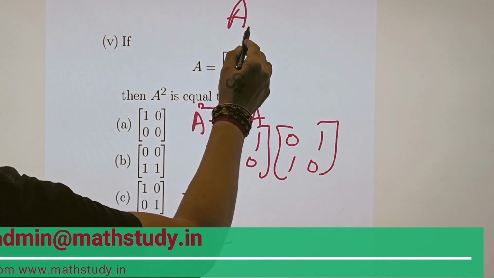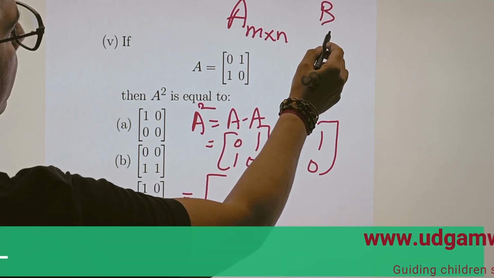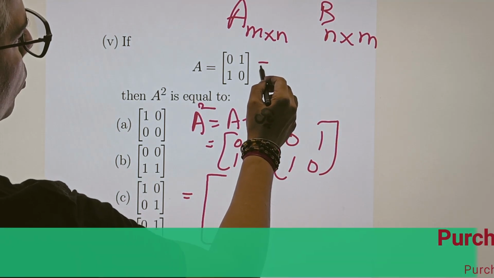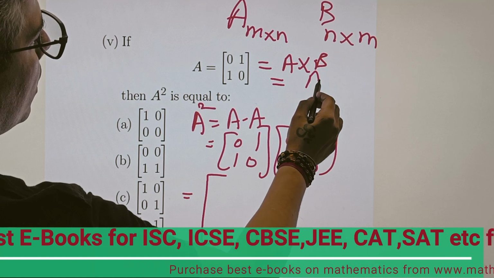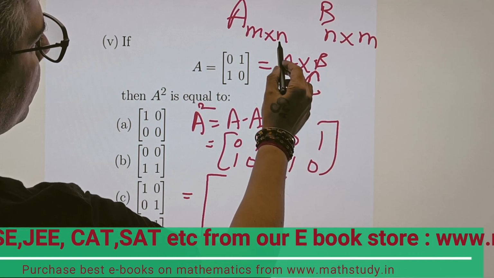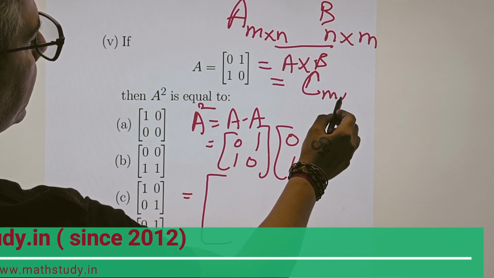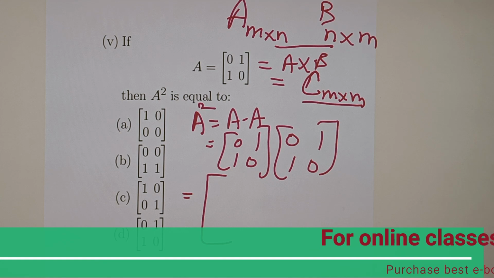If A is having the order m into n and B is another matrix having the order n into m, let us say, so the A into B matrix product will give you a matrix, let us say C, which will be having the order m into m only, right? So here we will be getting 2 by 2 order only.